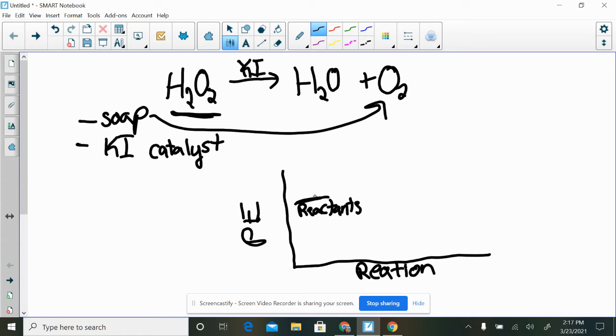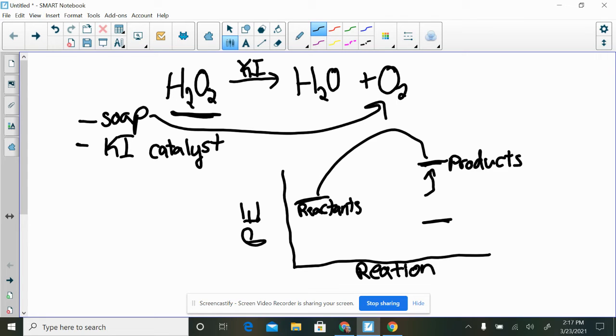Now, for the products, should I draw the line up here or down here? If I draw the line up top, that is considered to have gained energy because the potential energy would have increased from the reactants to the products.